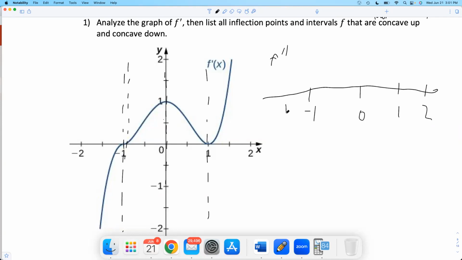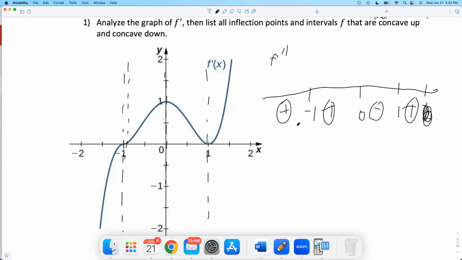So f double prime would be positive back in this region, hits 0, and then is positive again because all of the derivatives here would be positive. The derivative of the derivative, the second derivative, is 0 right there at 0, negative in this region, and then positive in this region. Oh, nothing happens at 2. I don't know why I put 2 on there. Nothing happens at 2. Positive.